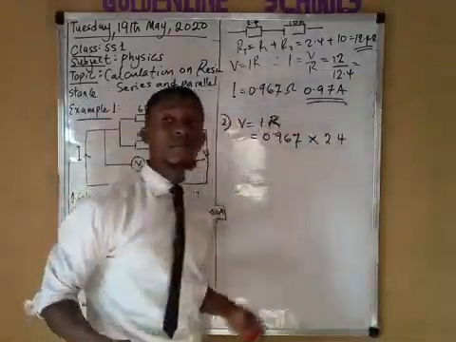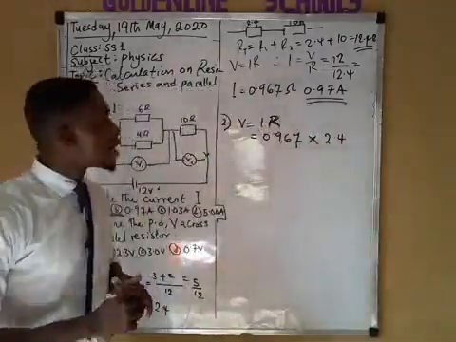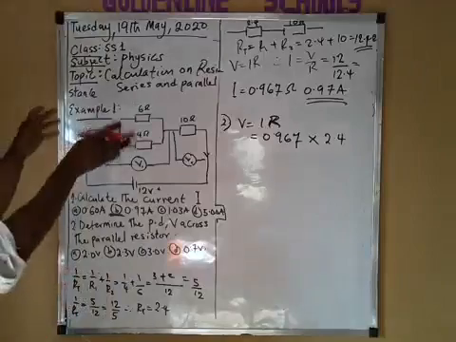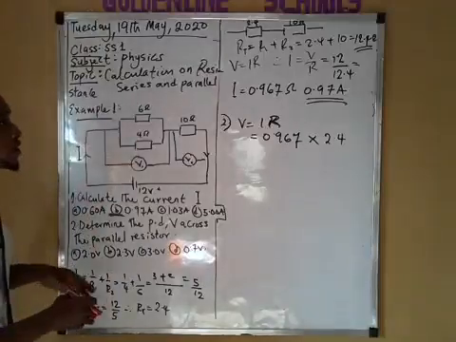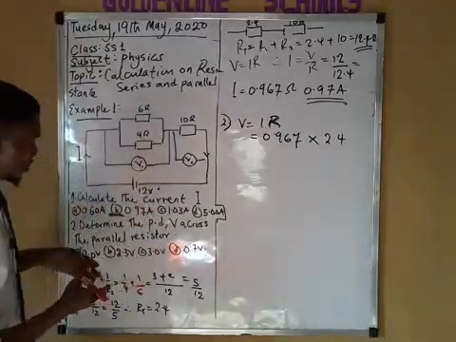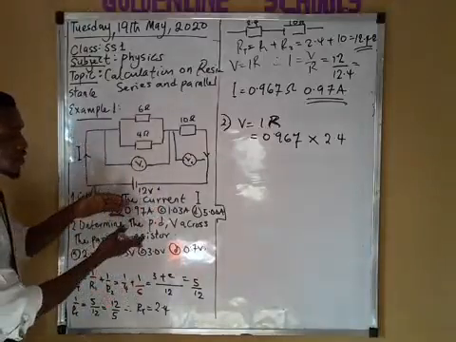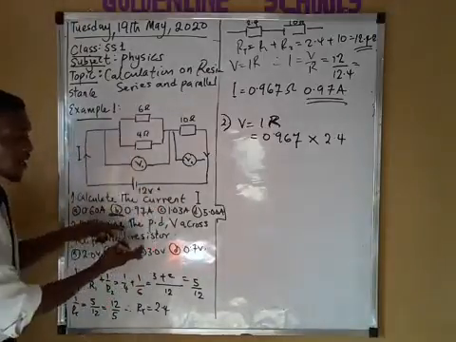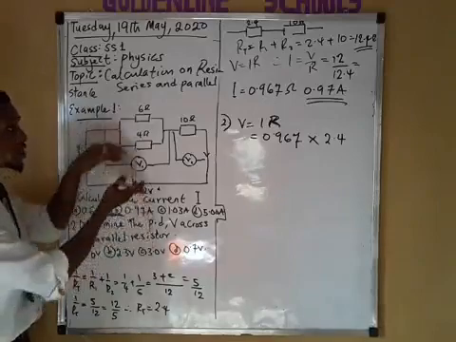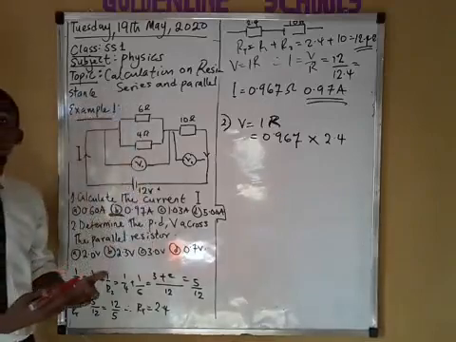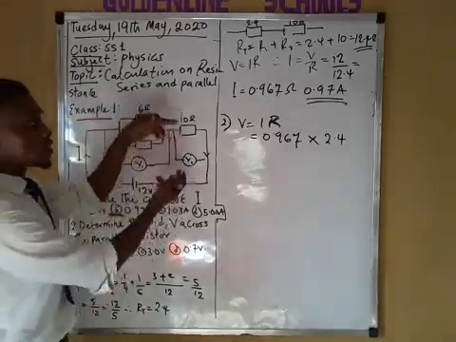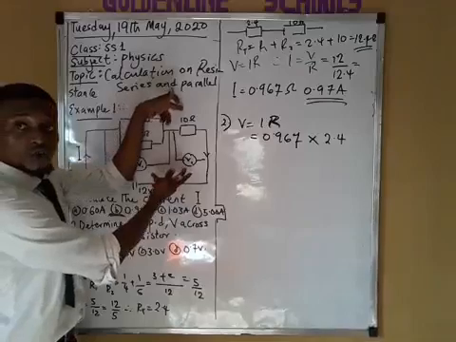Now you might be asking me, sir, why didn't I use all the resistors? The reason is that the question said determine the potential difference across the parallel resistors, which is this. If they say determine the potential difference across this 10 ohms resistor, then you use this one.